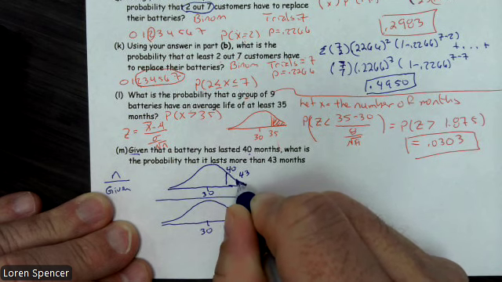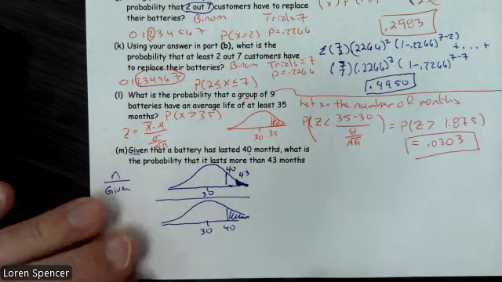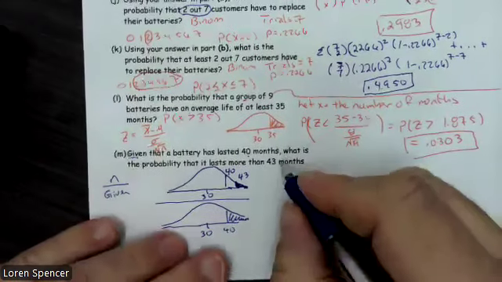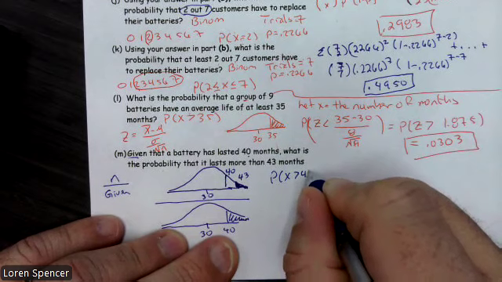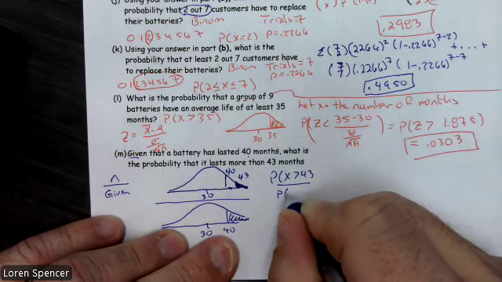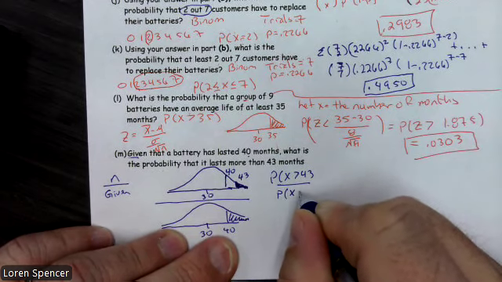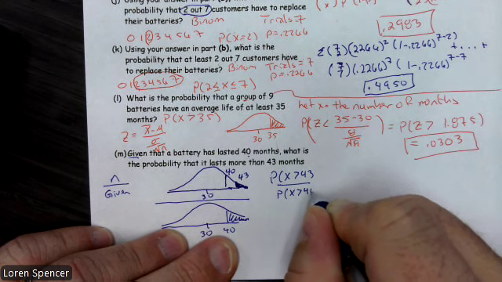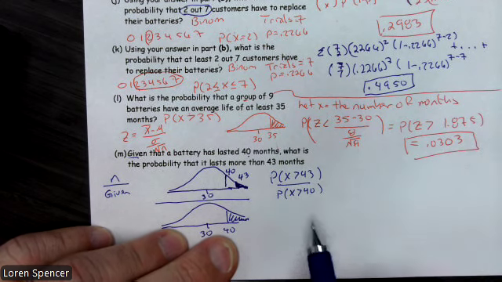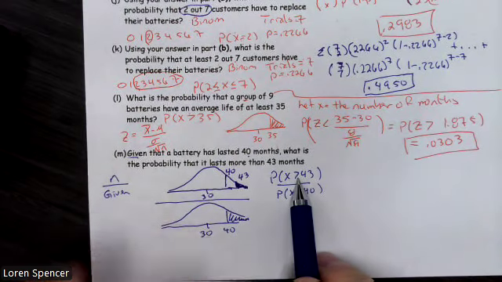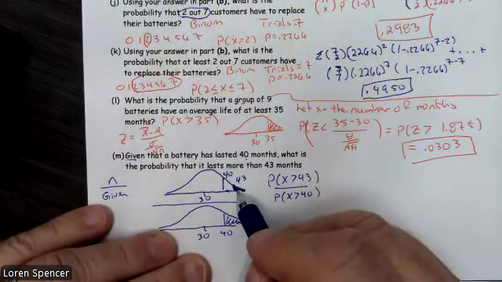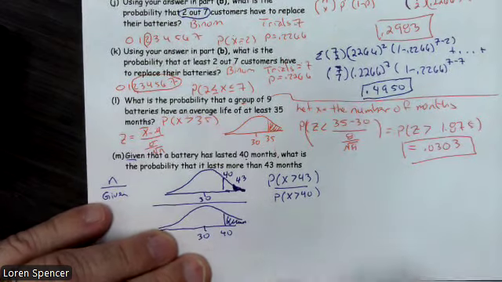All right. So I'm looking for greater than 43. Basically, this is the probability that X is greater than 43 over the probability that X is greater than 40. This is what we're given. This is what we want to find out. So we're looking for this area up here divided by that area.